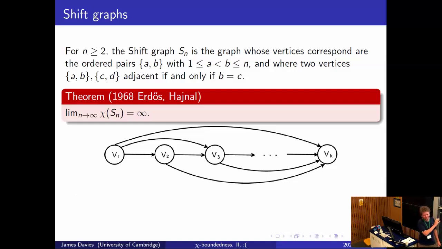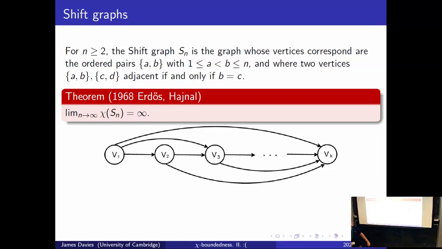Another classical construction of triangle free graphs with large chromatic number is shift graphs. One way to view these is as line graphs of directed graphs. But the classical definition is that you're looking at pairs AB, with B greater than A, between 1 and n. These are going to correspond to our vertices.